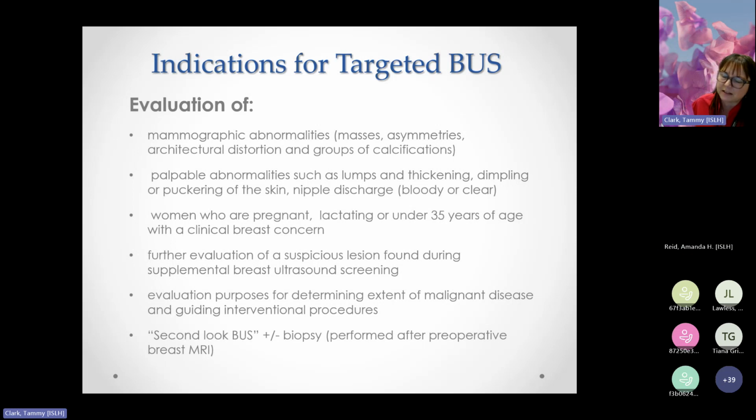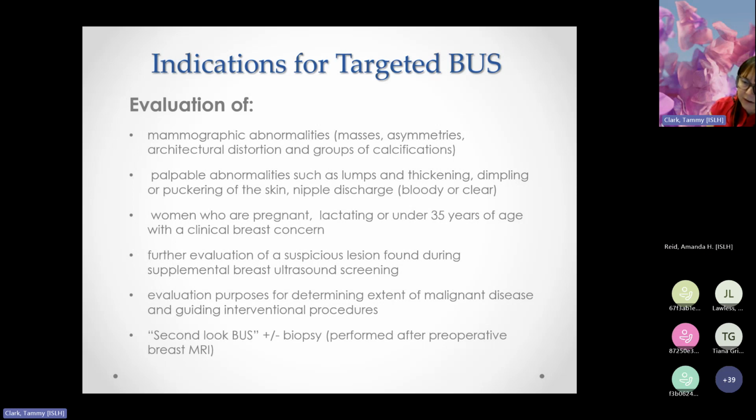Quite often here in Victoria, we are doing a mammogram and ultrasound. We find something suspicious, we do the biopsy, and if this woman has C or D density breasts, we send her for a preoperative breast MRI. In some cases, this preoperative breast MRI can show us if there's multifocal, multicentric, or contralateral breast disease, and then they have to come back for a second look ultrasound.